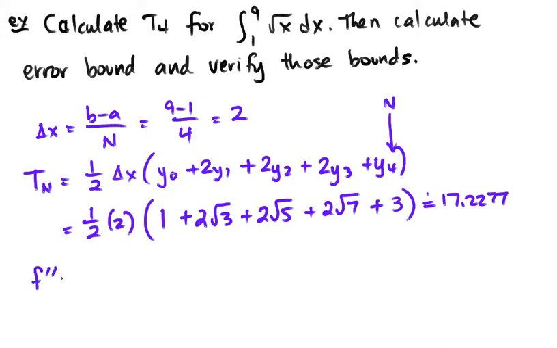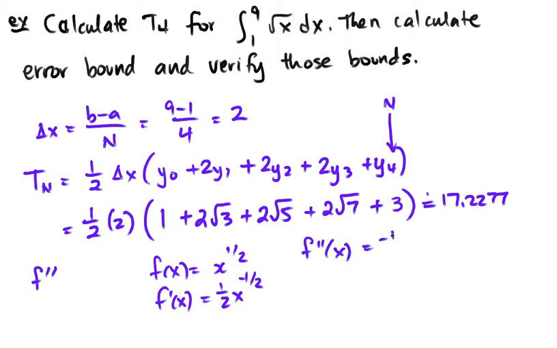So we can go and calculate the second derivative. We've got f of x is equal to x to the 1/2. So the first derivative is 1/2 x to the negative 1/2, and the second derivative is negative 1/4 x to the negative 3 over 2.